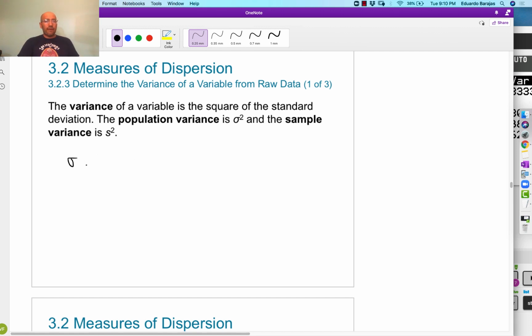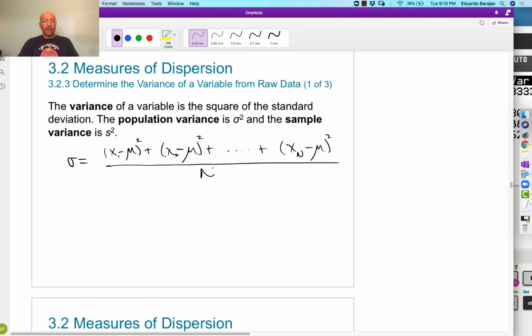So the formula is to take each number and subtract it from its mean, square it, plus the next number, subtract it from its mean, and square it, dot, dot, dot, out to the last number, x sub capital N minus mu, square it, divide the whole thing by n, and then take the square root of the whole thing, right? This is the formula for sigma, the standard deviation of a population.